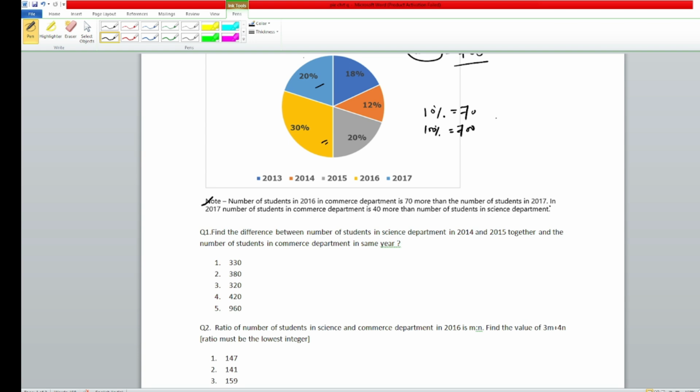In the second part of the note, it is given that in 2017 the number of students in the commerce department is 40 more than the number of students in the science department.